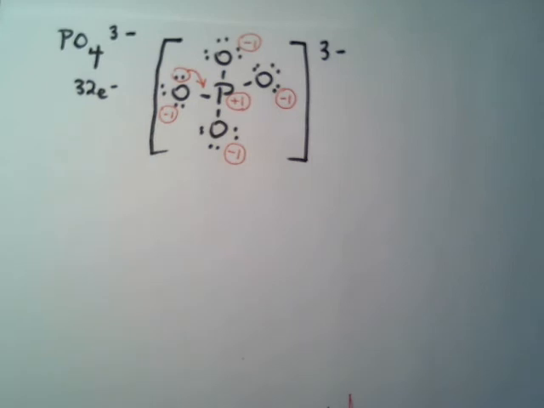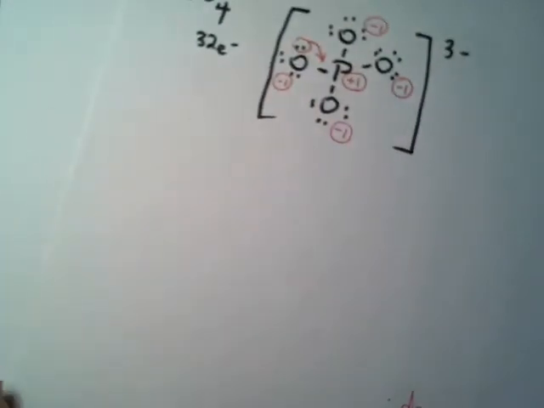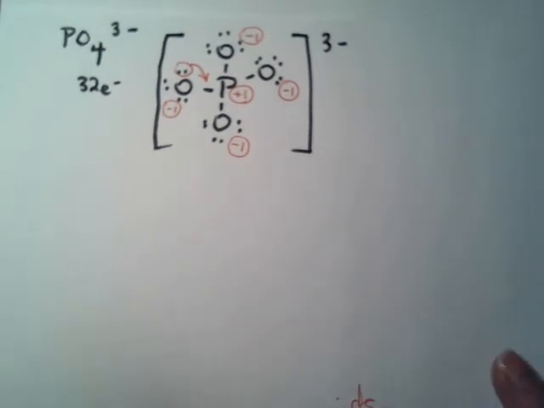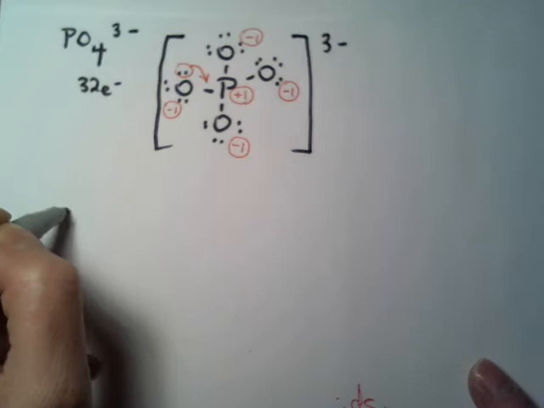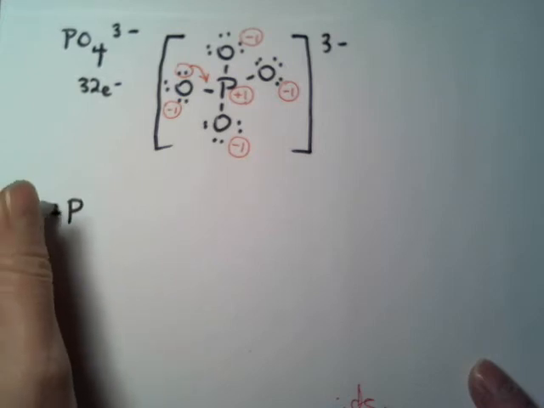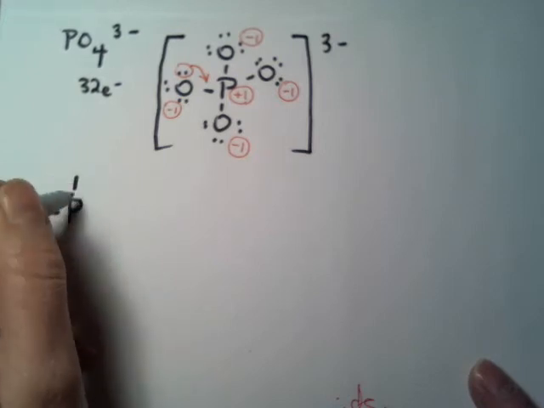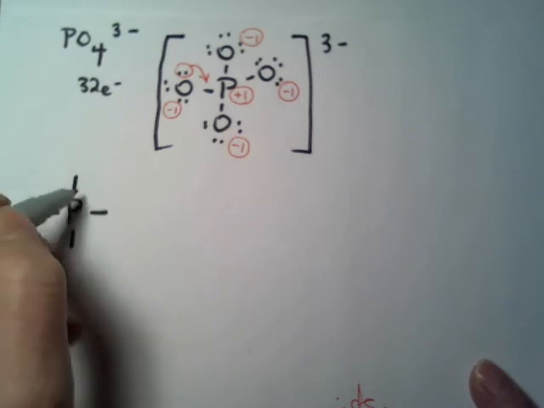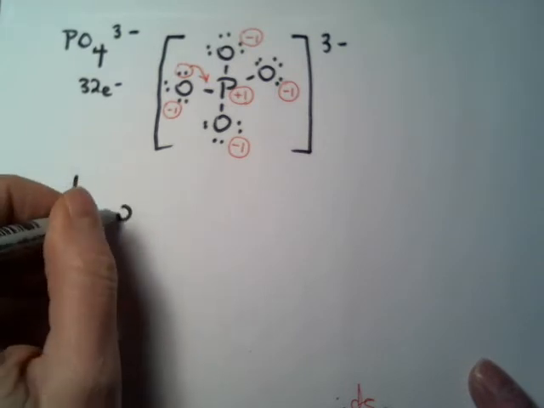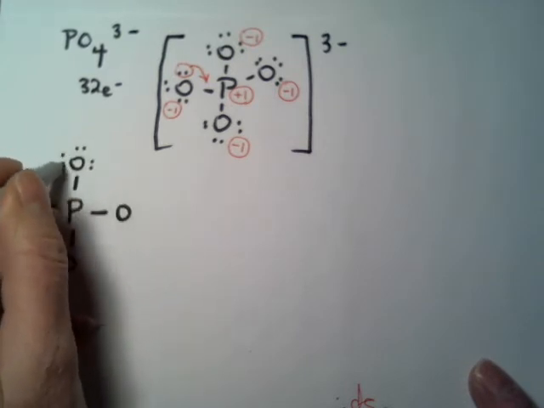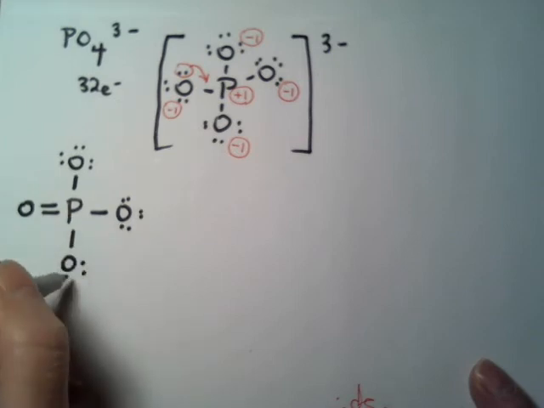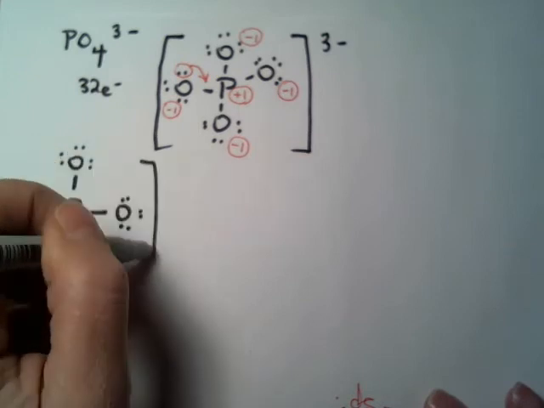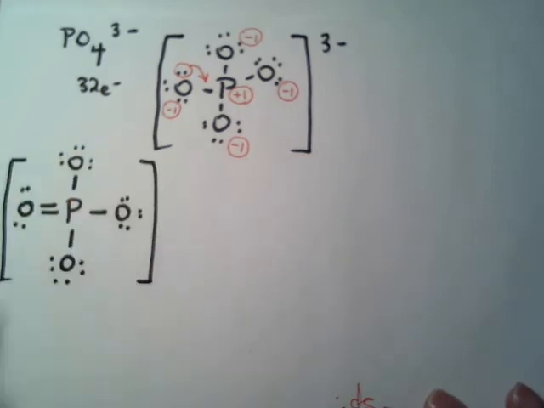So in this case this one is feasible, and another possible Lewis structure would be with a phosphorus and 1 double bond. But because there are 1, 2, 3, 4 possible places for that, there would be 4 resonance structures. Okay, I'm not going to draw them all out here.